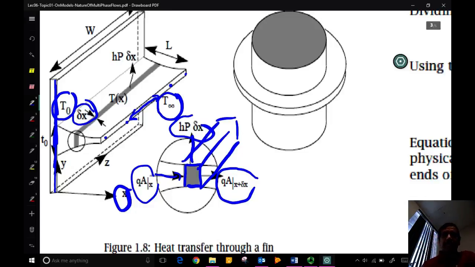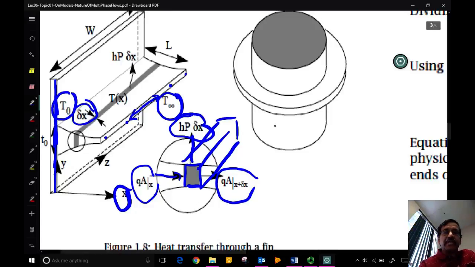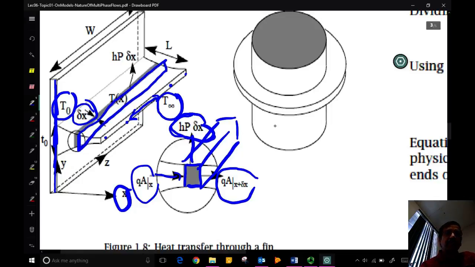So the energy that is transferred to the surroundings is modeled by h P times delta x. P is the perimeter, the distance measured going around, and multiplying that by delta x gives you the surface area exposed to the air.